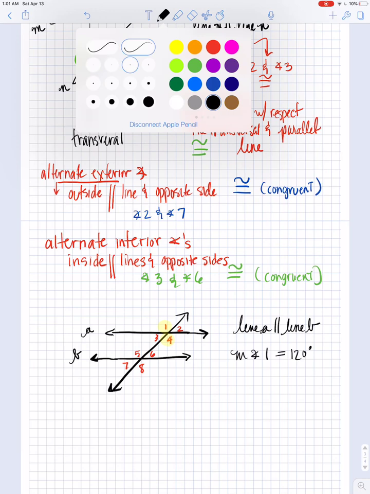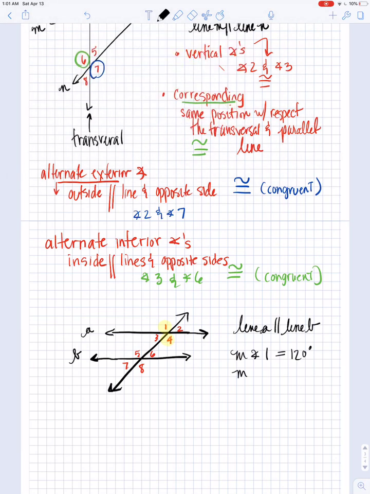So the measure of angle 4 must also be 120 degrees. And then I also know that angle 1 and angle 8 are alternate exterior, so that means that they are congruent. So then the measure of angle 8 must also equal 120 degrees.